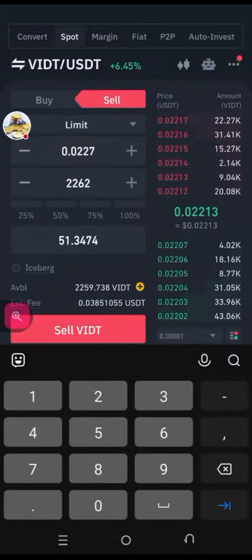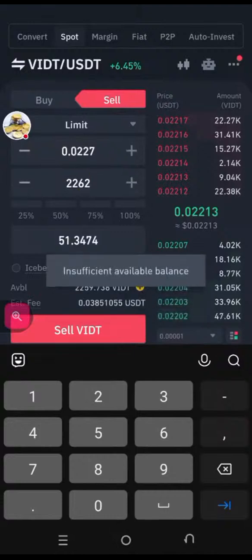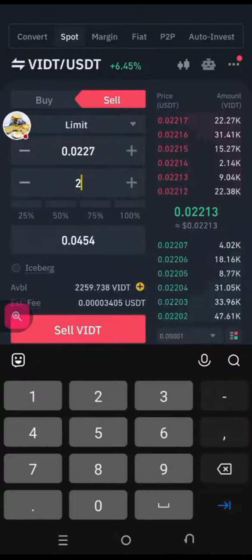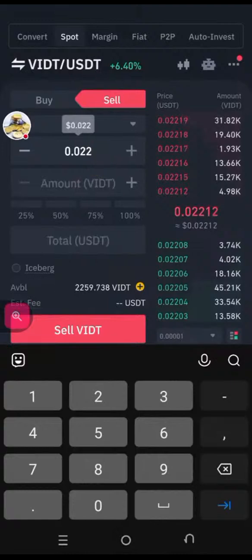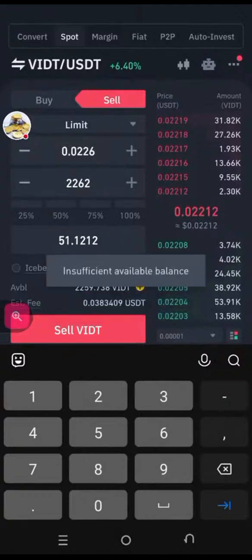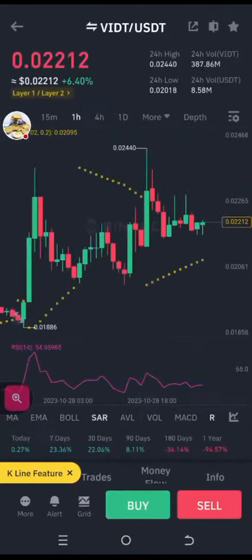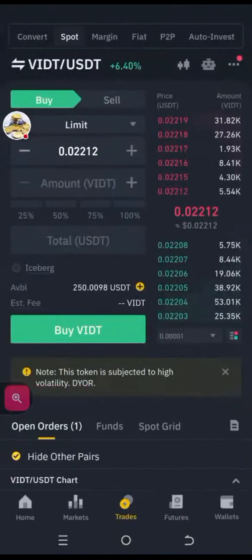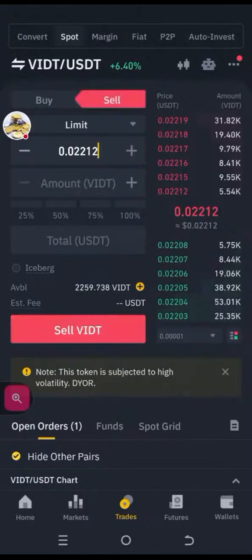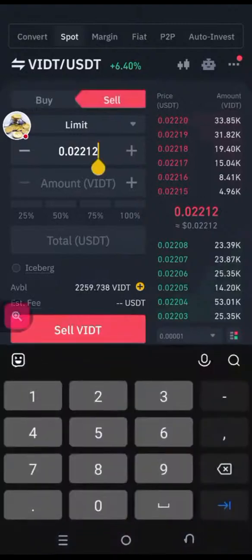Let's see what we get. Okay, $1.34. 227 looks risky, so let's put 226. Okay, let's see whether 226 is gonna work. Not that much, $2, 2% more. Let's move. This one looks like it's gonna go. Let's put 226.